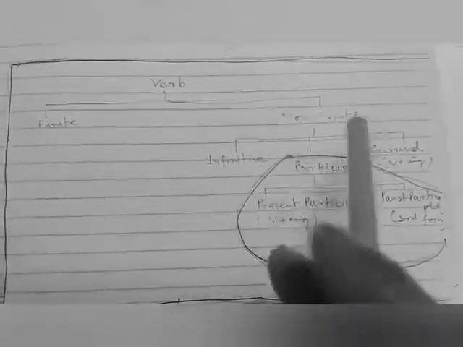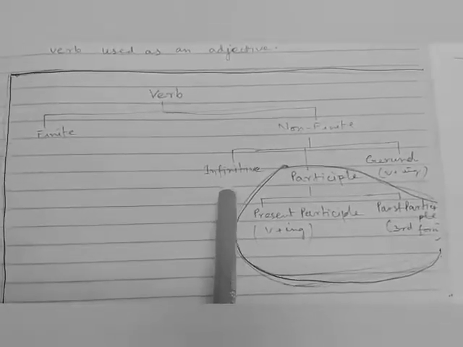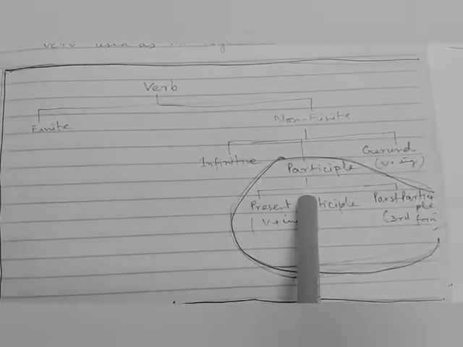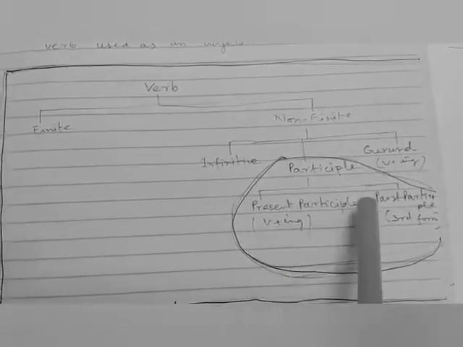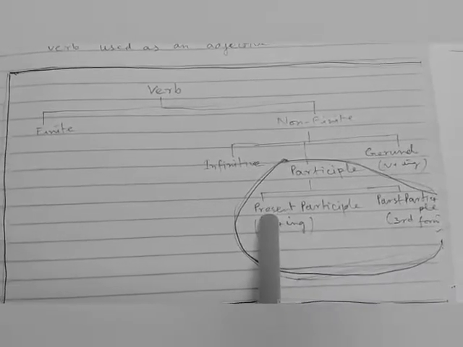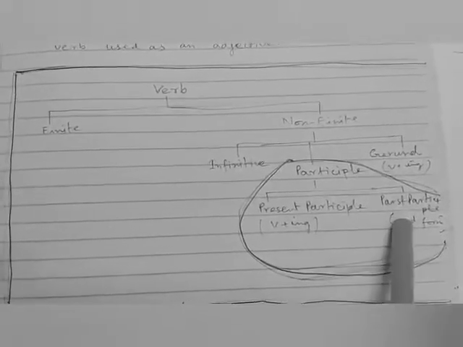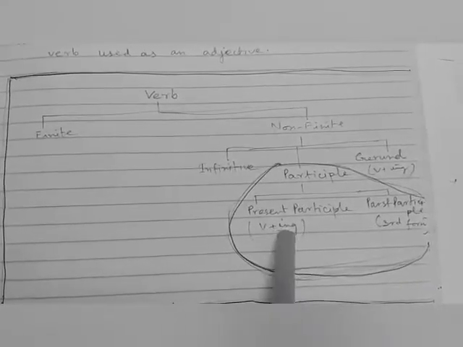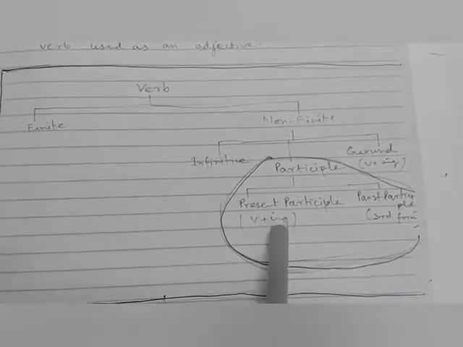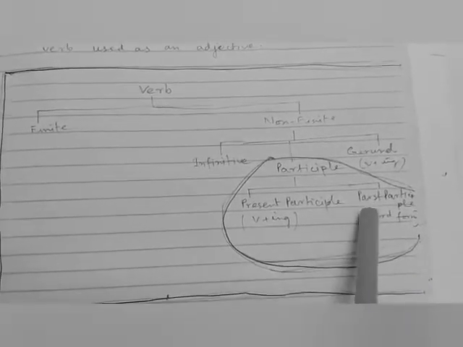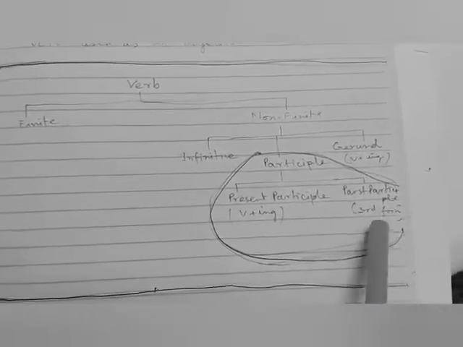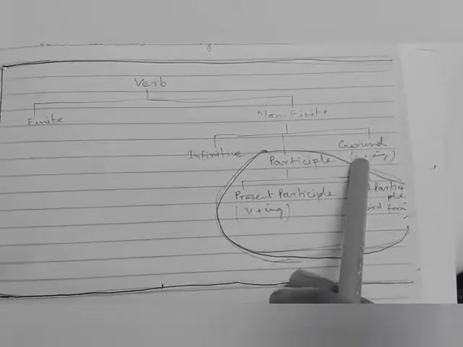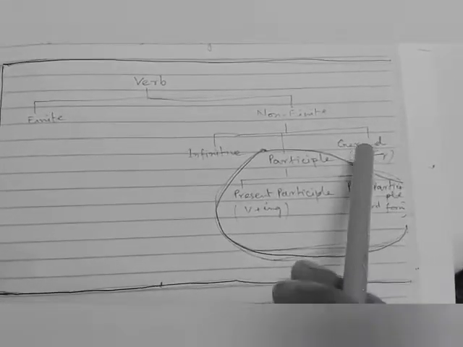Among the non-finite verbs, there are infinitive, participle, gerund. And participle is divided into mainly two parts: present participle, past participle. Present participle is V plus ing, that is the ing form of the verb, and past participle is the third form of the verb. Gerund is the V plus ing form of the verb.